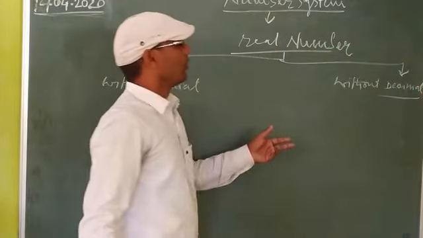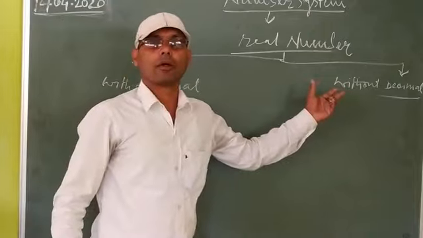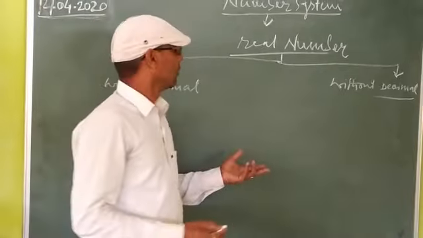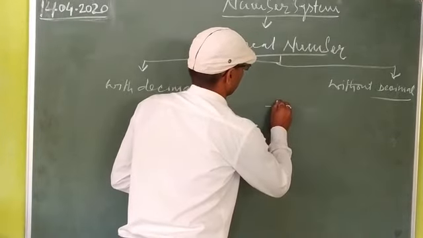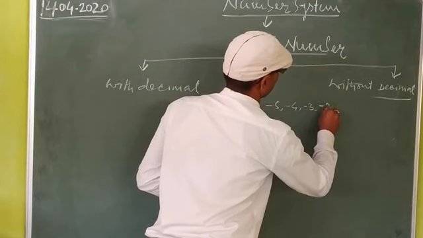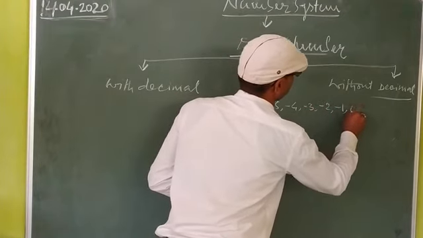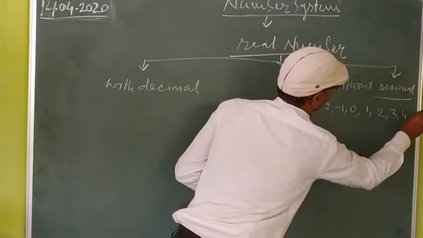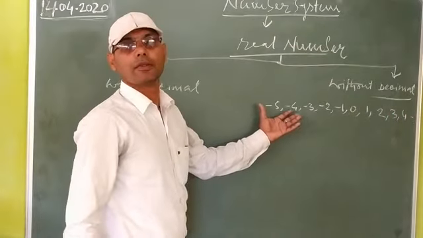Okay? Without decimal, you can say integers like -5, -4, -3, -2, -1, 0, 1, 2, 3, 4, dot, dot, dot. You know all are integers.